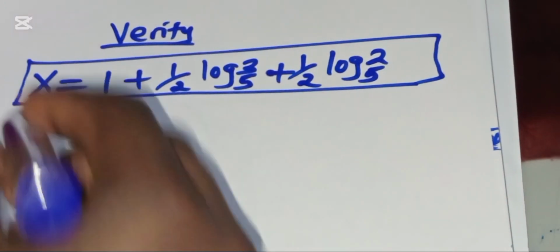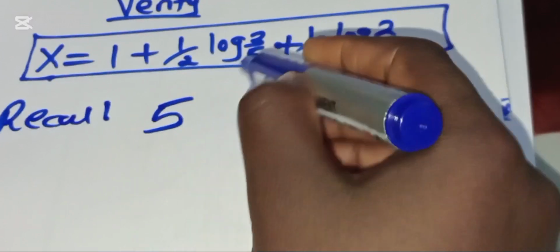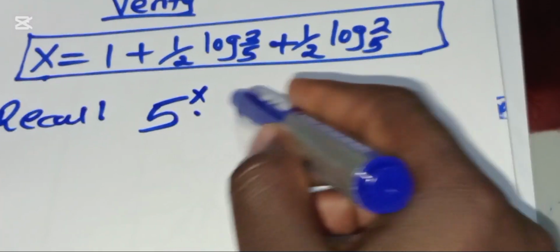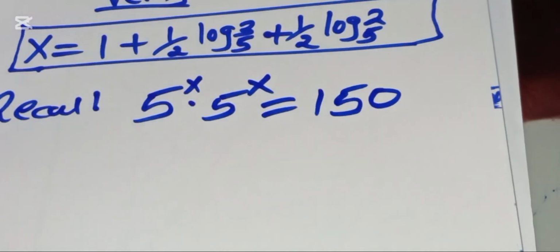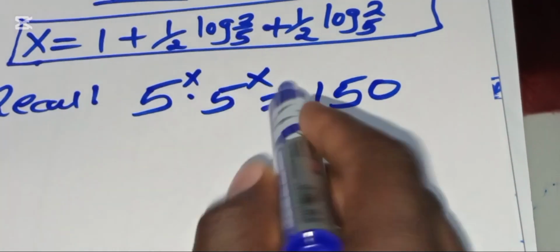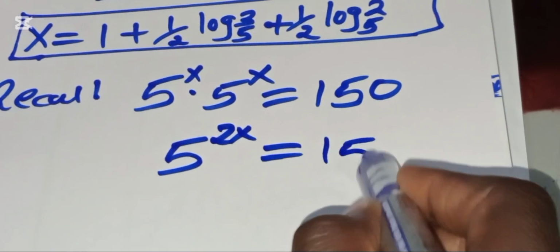If you recall, we have 5 raised to power x multiplied by 5 raised to power x equal to 150. This simplifies to 5 raised to power 2x equal to 150.